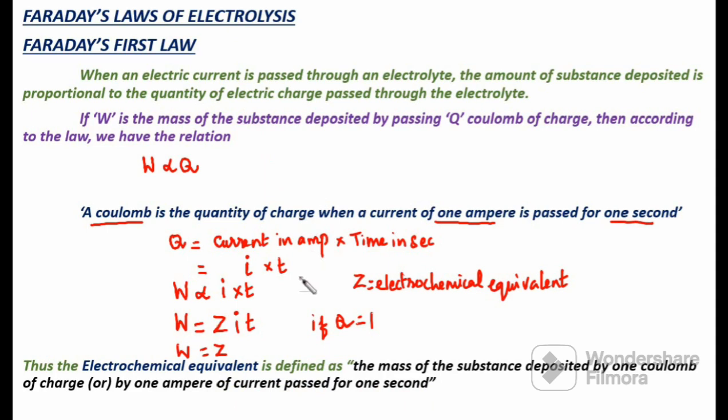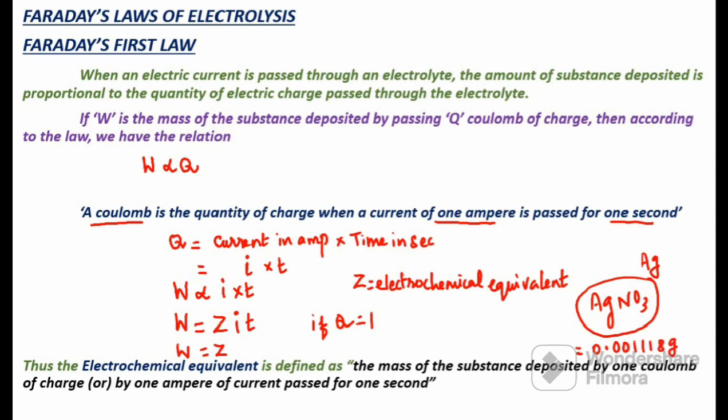For example, let us consider when a charge of 1 coulomb is passed through silver nitrate solution, AgNO3 solution. When 1 coulomb of charge, or 1 ampere of current, is passed for 1 second, the amount of silver deposited will be equal to 0.00118 grams.